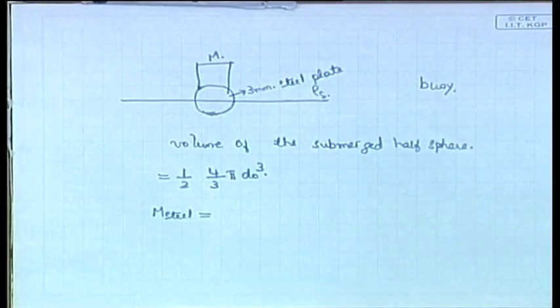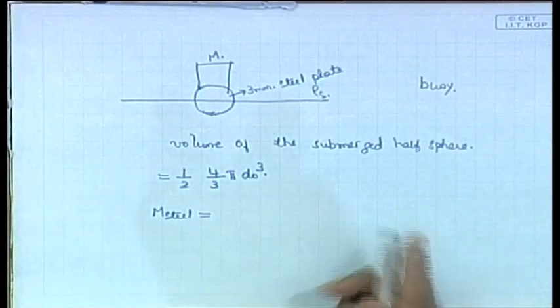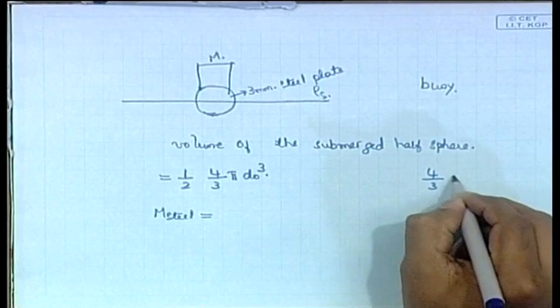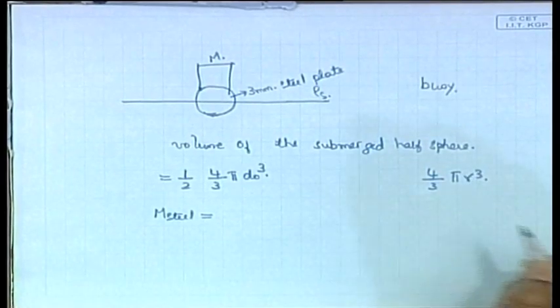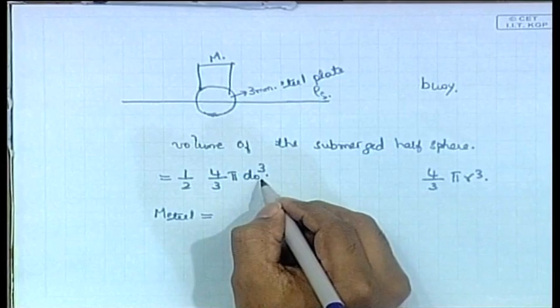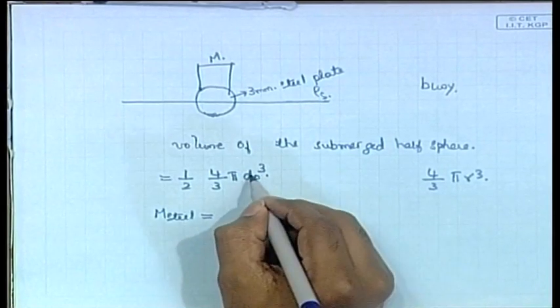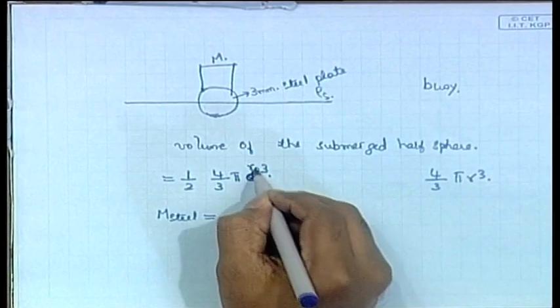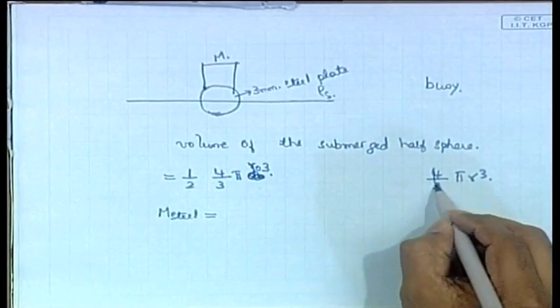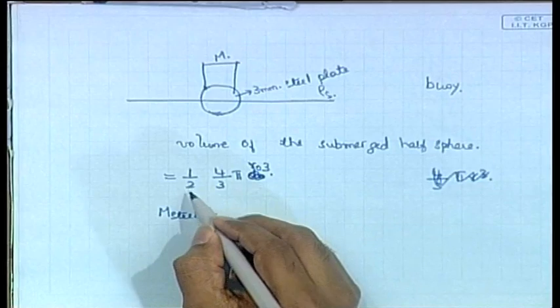I think it is 4 by 3 pi r cubed, that is the volume of a sphere, right. So instead of d0 let us write it as r0, 4 by 3 pi r0 cube. Half of that will give you the volume of that half sphere.